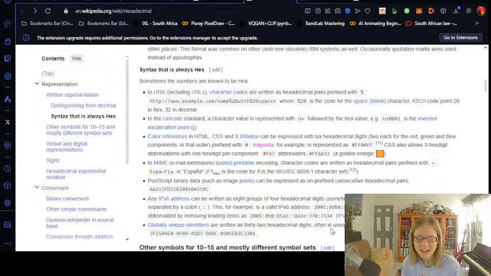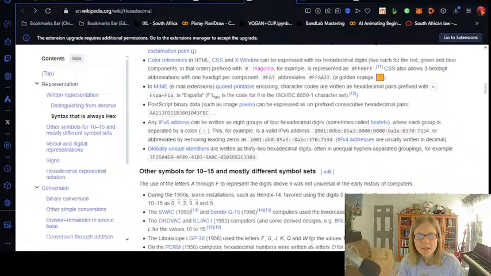Okay, and then I didn't realize this till today, any IPv6 address can be written as 8 groups of 4 hexadecimal digits, sometimes called hextets, where each group is separated by a colon.